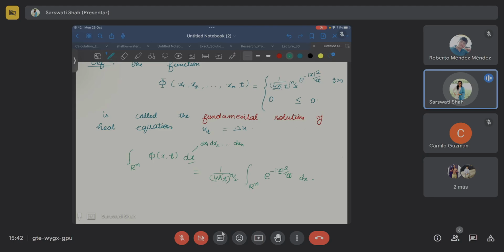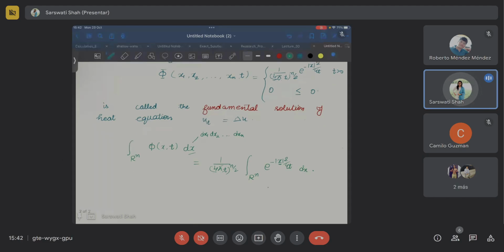So how will we integrate this? Simply assume that z equals modulus of x over 4t. So dz is going to be, not modulus, just x, dz is going to be dx over 4t, treating t as a constant.